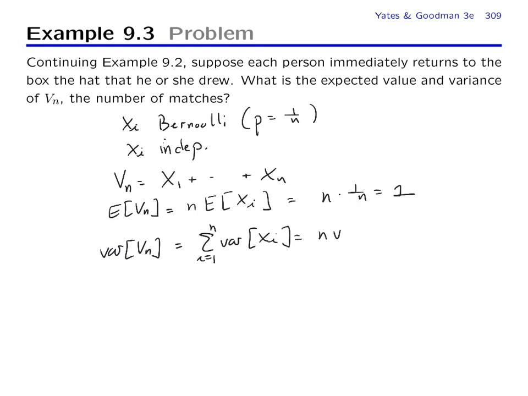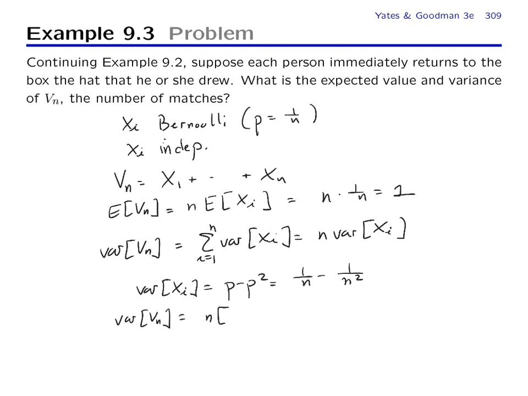So it's equal to n times the variance of any xi, because there are n of these terms and they're all the same. And if you recall, the variance of xi is equal to p minus p squared. It's equal to 1 over n minus 1 over n squared. And so the variance of Vn is equal to n times 1 over n minus 1 over n squared, which is equal to 1 minus 1 over n.